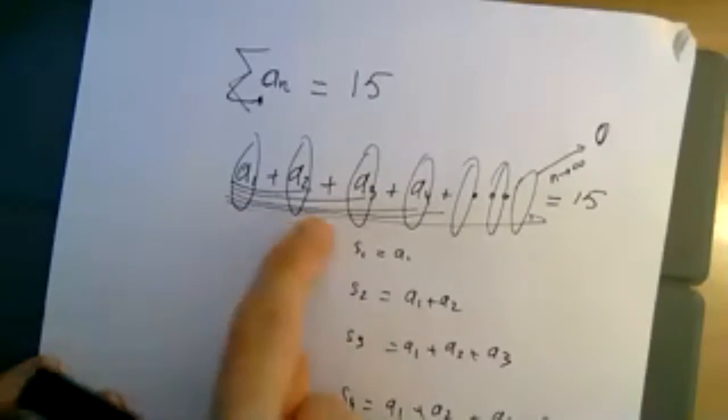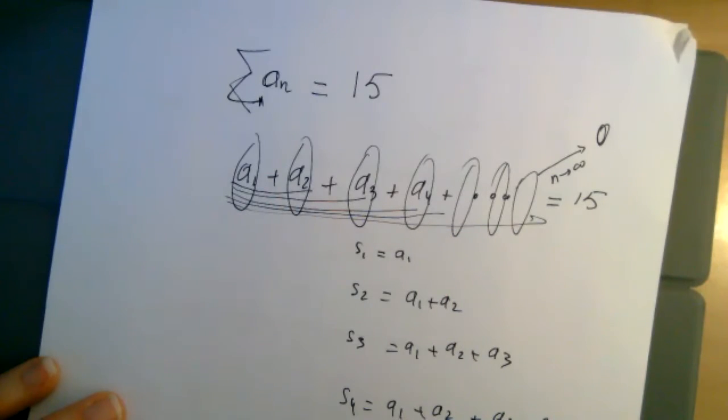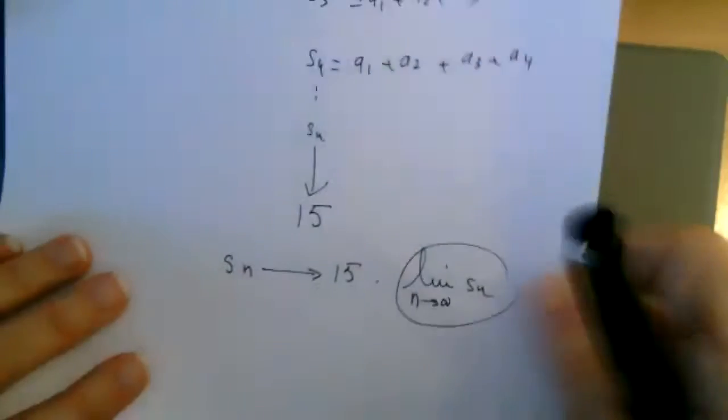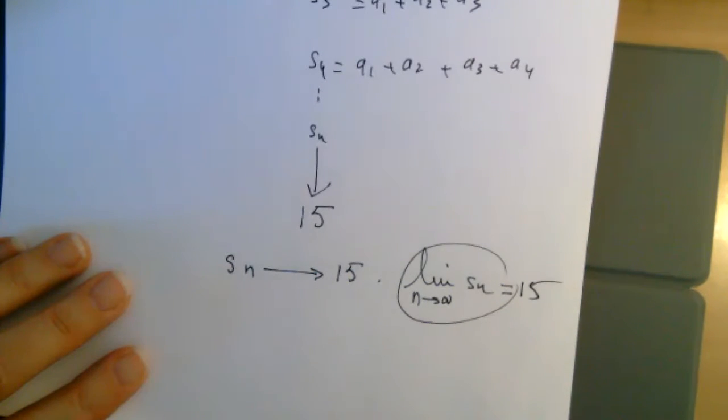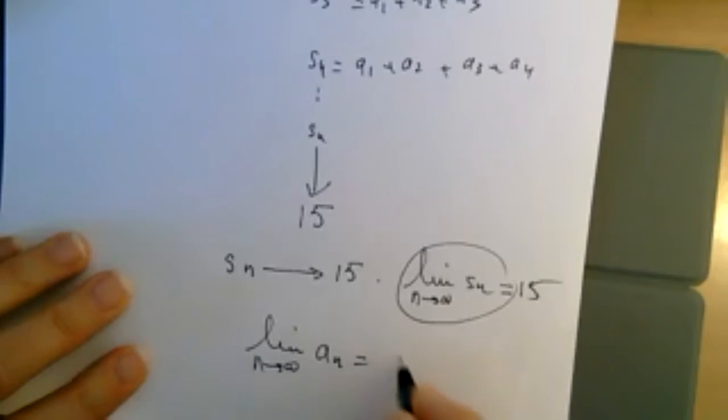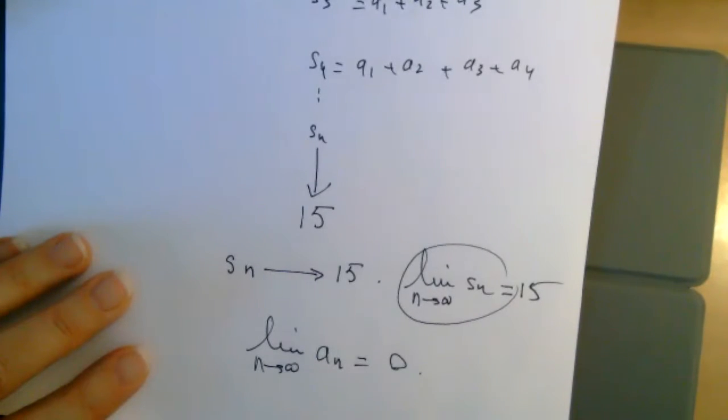So the individual terms go to 0, and that's crucial. So the answer to the first question was: the partial sums become close to 15, and the individual terms, a sub n, become close to 0.